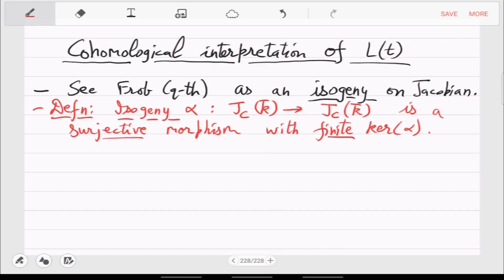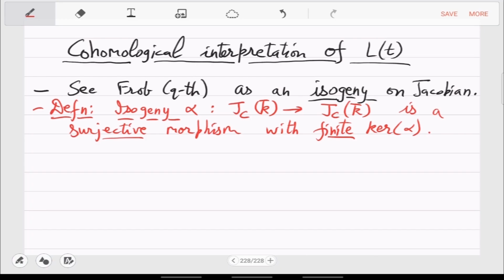So essentially it is an automorphism, but just a bit more relaxed, because it's not saying that it's injective. It is just saying that the kernel is finite, because there could have been infinitely many points in the kernel, but no, there are only finitely many.